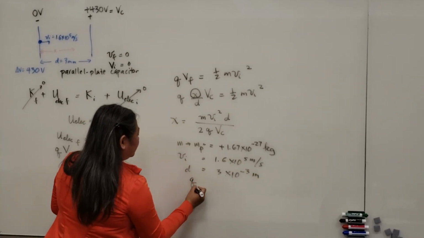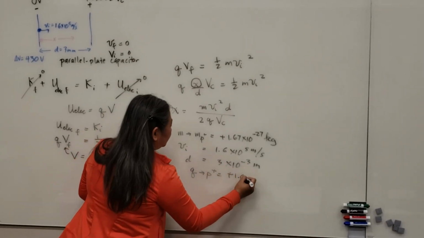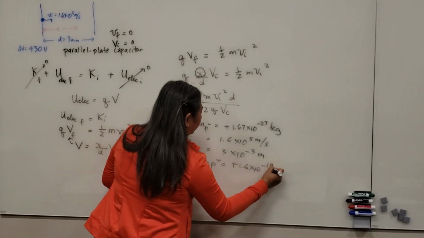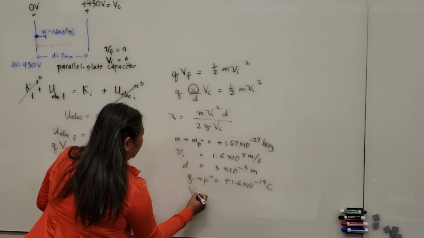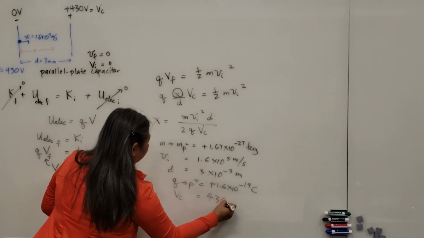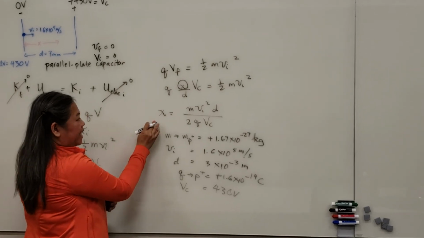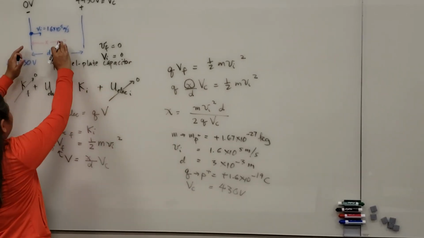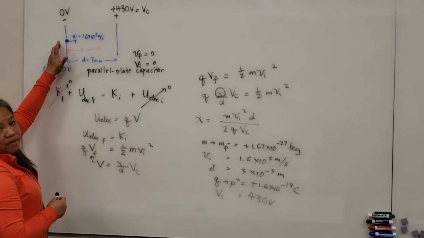Our charge is that of a proton, so it's a positive 1.6 times 10 to the negative 19 coulomb, and our maximum potential is 430 volts. If you plug in all your values here, you'll be able to solve for x, which is the farthest distance your proton will be from the negative terminal.